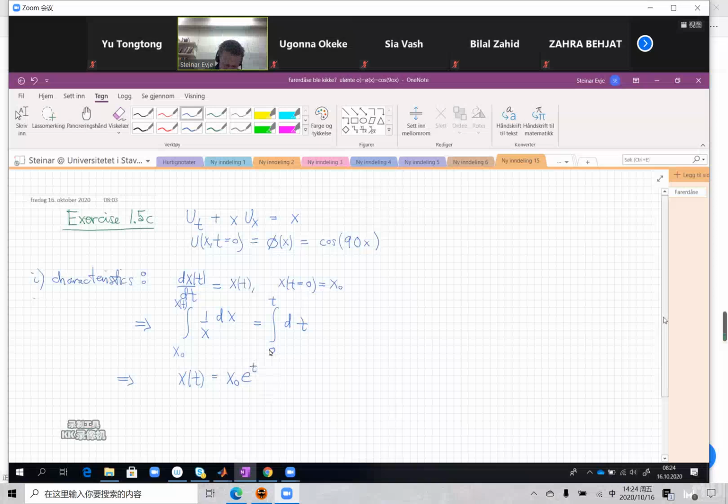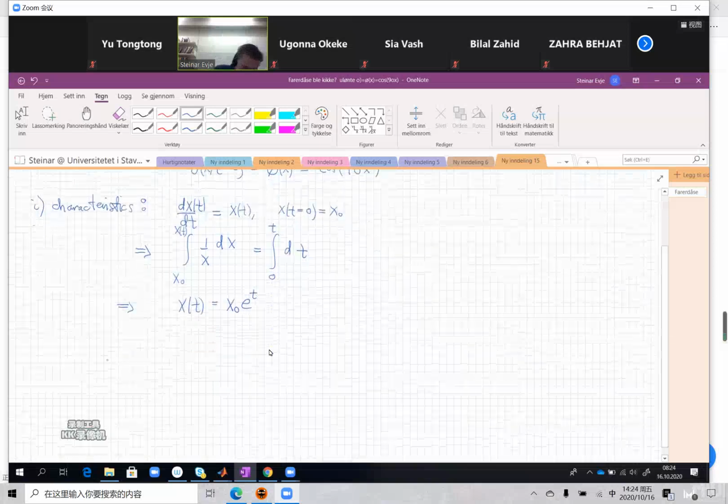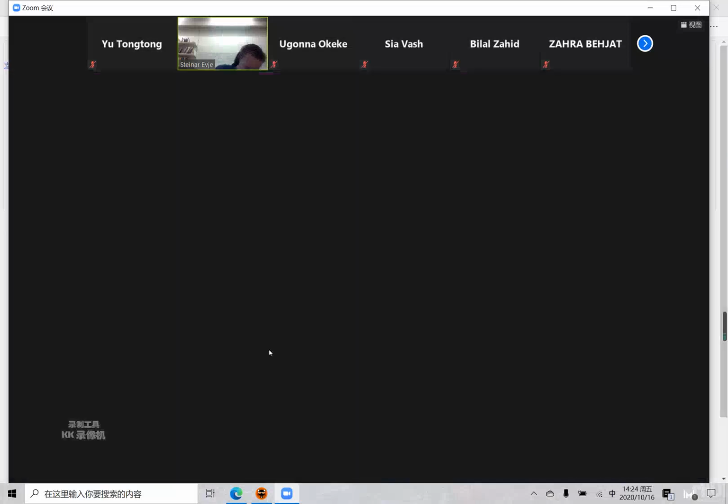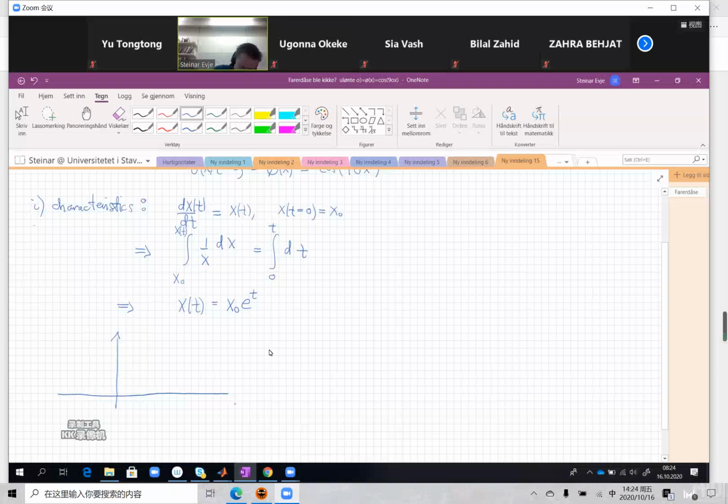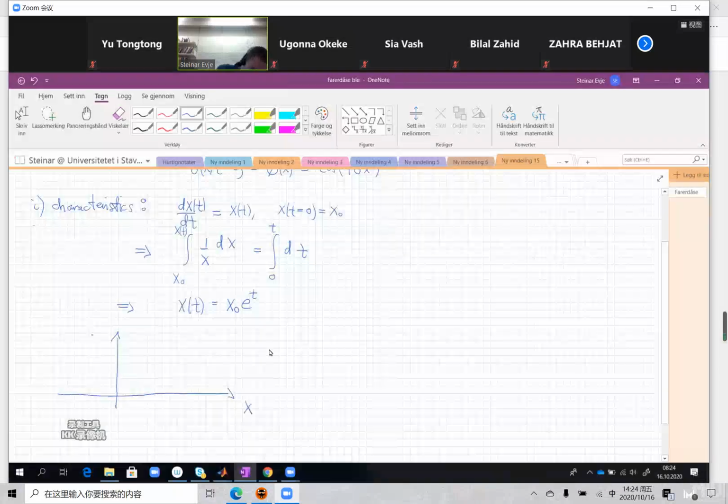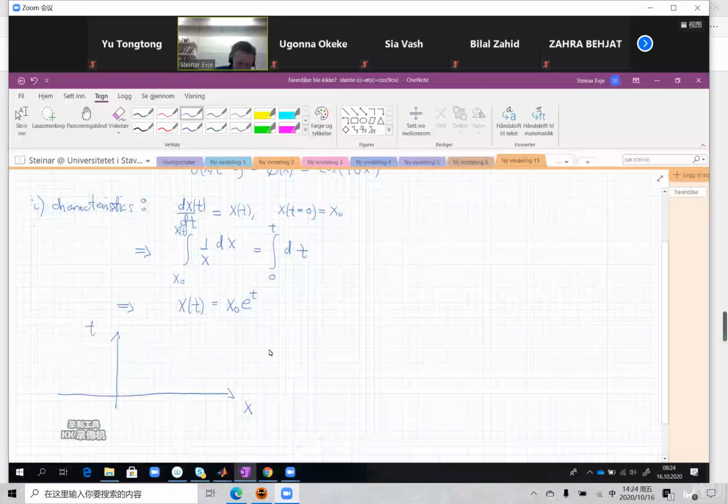And then it's always useful to make a plot of what such a characteristic looks like in the xt space, because the characteristic lives in the xt space.